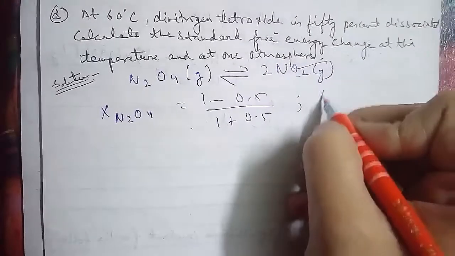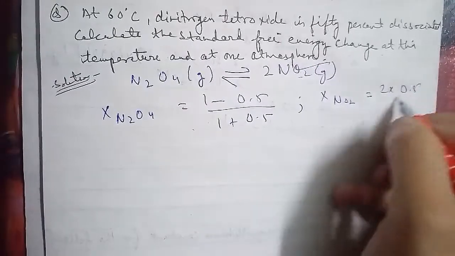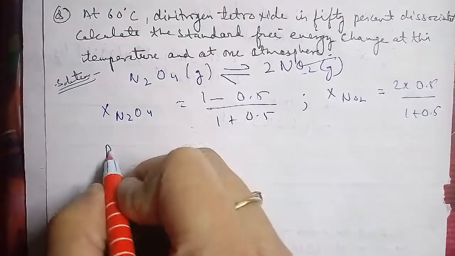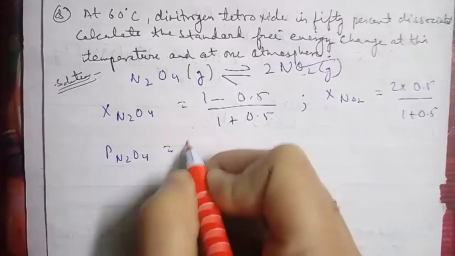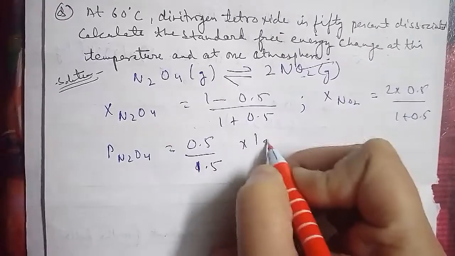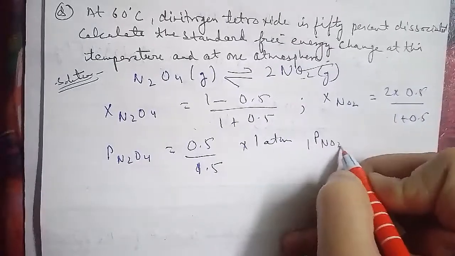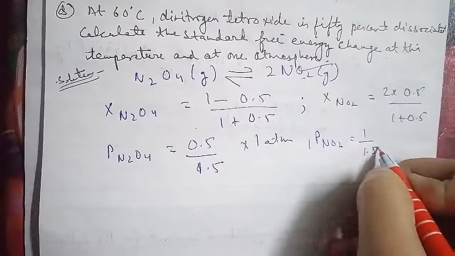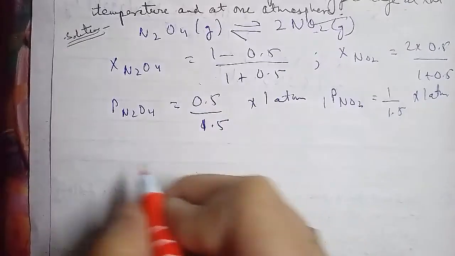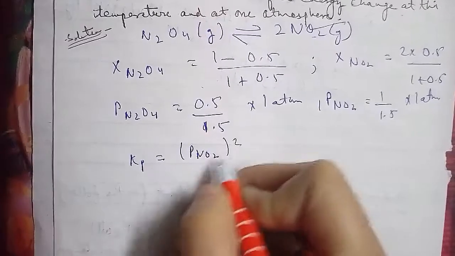After solving this, for P of N2O4 we get 0.5 upon 1.5 multiplied by 1 atm, and for P of NO2 we get 1 upon 1.5 multiplied by 1 atm. So for the equilibrium constant Kp, we have P of NO2 whole squared upon P of N2O4, which gives 1 upon 1.5 whole squared multiplied by 1.5 upon 0.5.